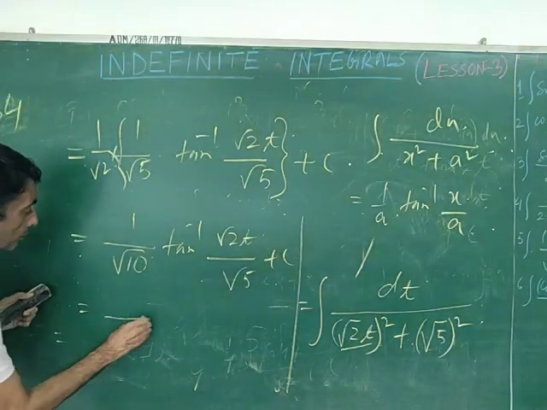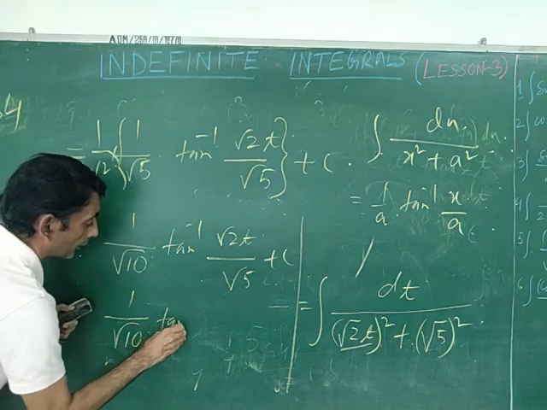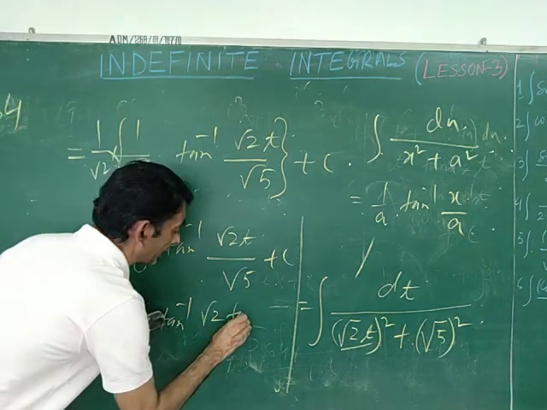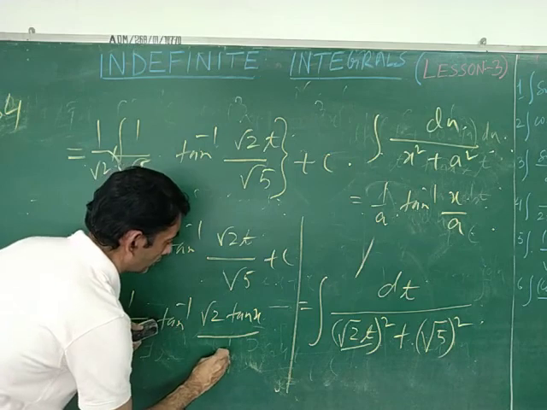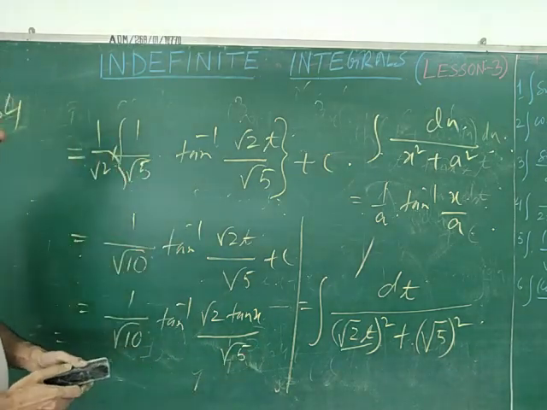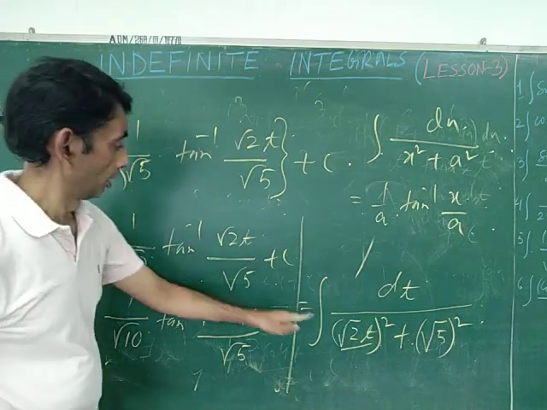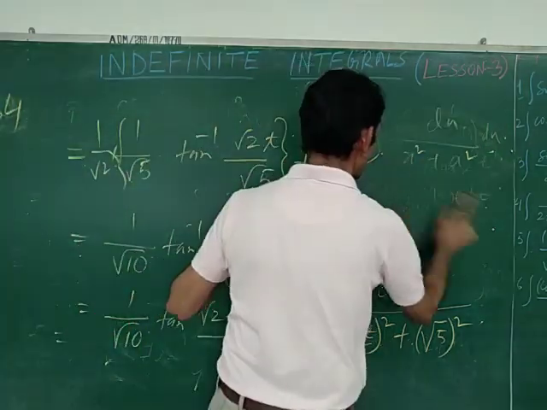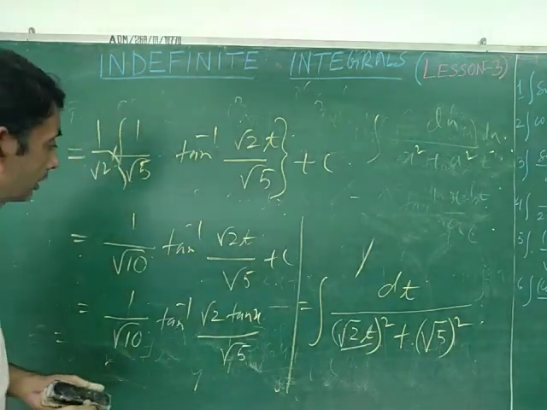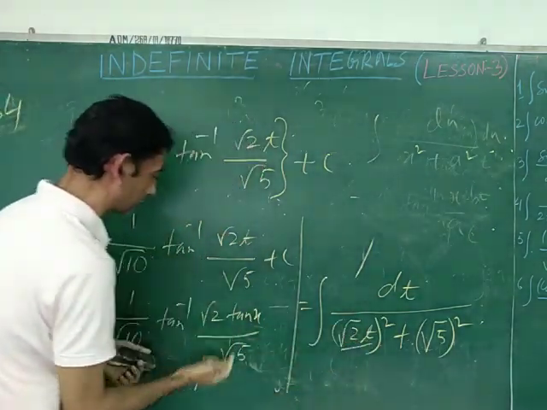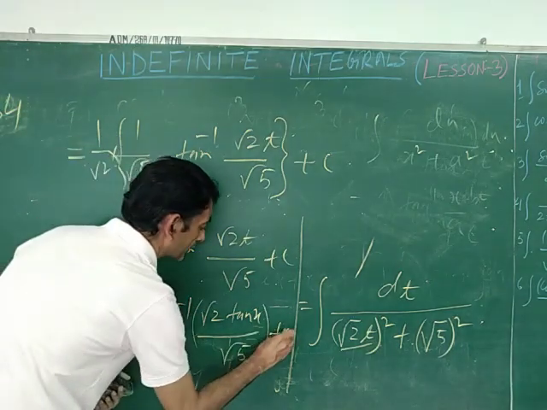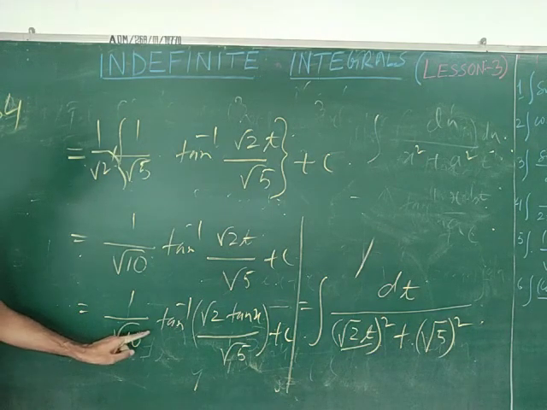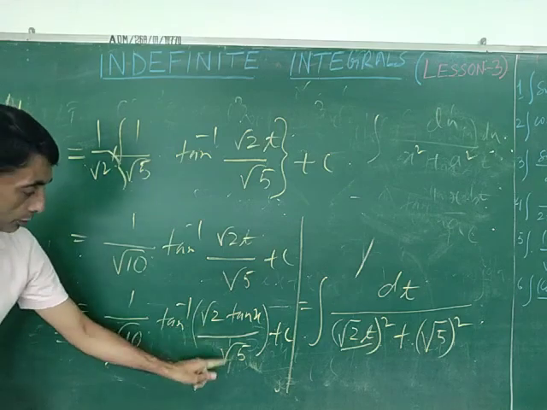Now t is equal to tan x, and we assumed t as tan x, so root 2t is root 2 tan x. So you can write the answer like this: 1 by root 10, tan inverse root 2 tan x by root 5 plus c.